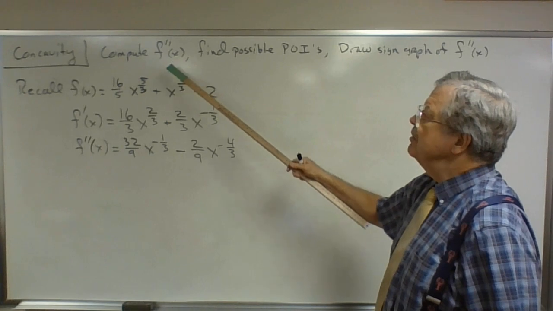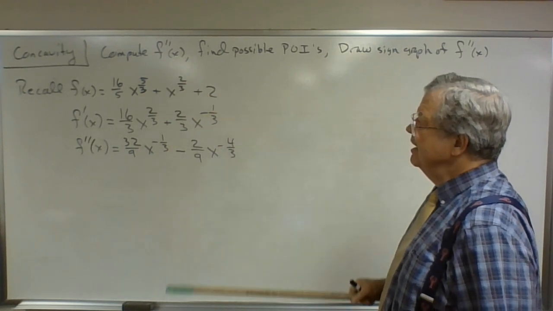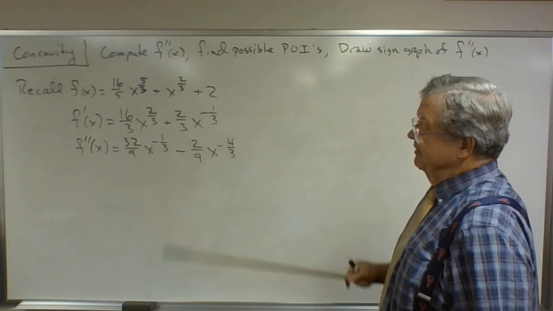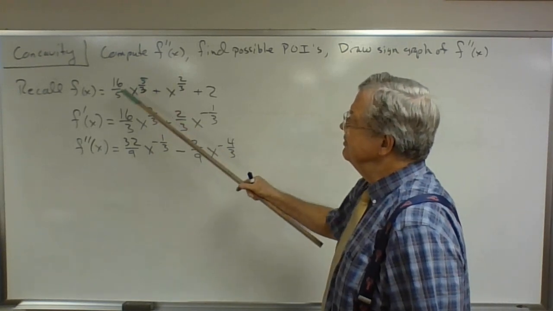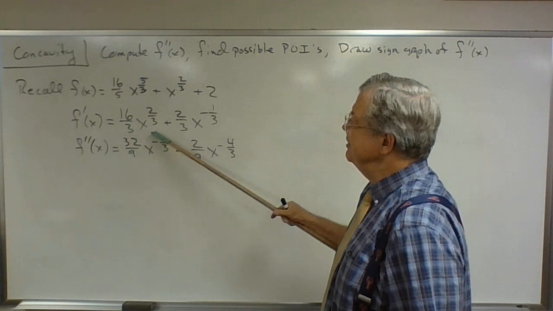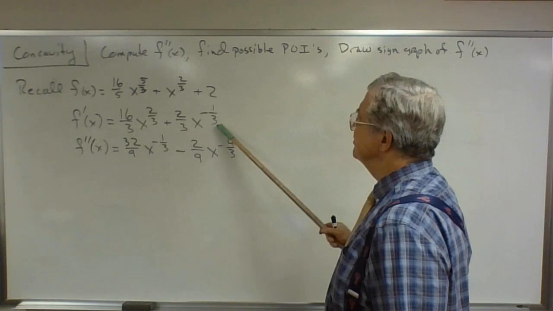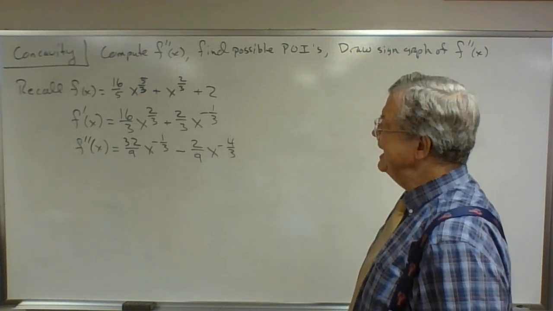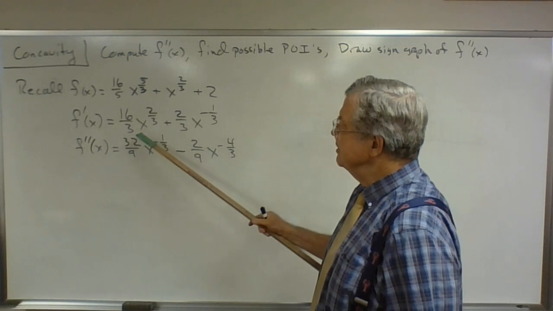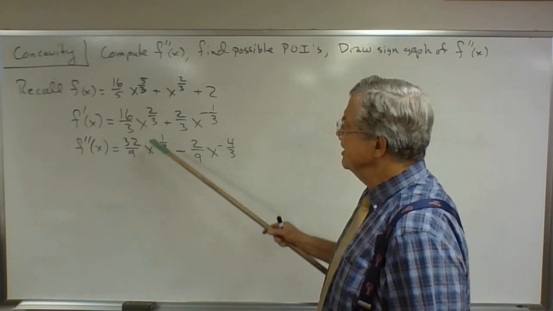To get f double prime, let's recall our original function. We compute the derivative, and the 5's cancel here. We get 16/3 x to the 2/3, plus 2/3 x to the negative 1/3. We compute the derivative again. 2/3 times 16/3 is 32/9.